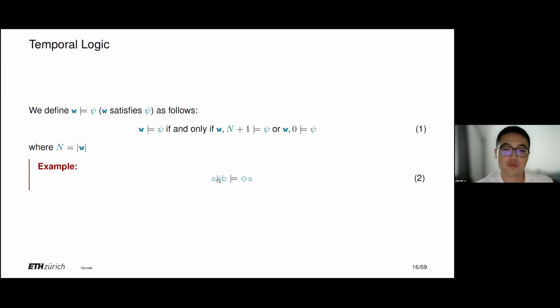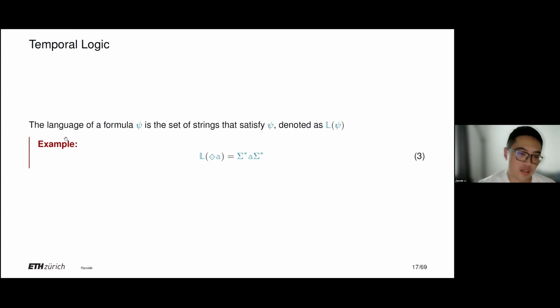For example, ABB satisfies the formula past A because at a position outside the string, there is an A before it. And we say the language defined by a formula psi is the set of strings that satisfy psi. For example, the language defined by past A is just all the strings that contain an A.